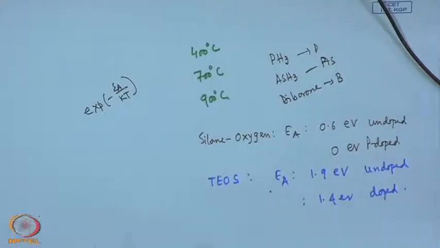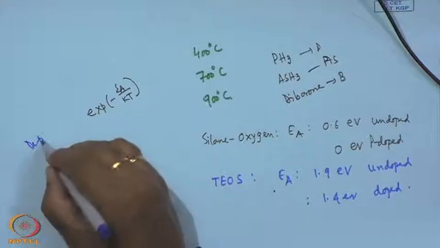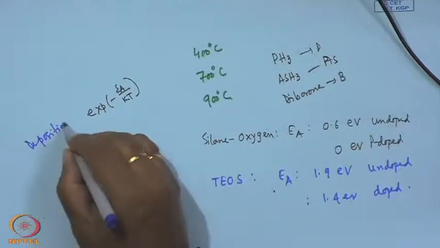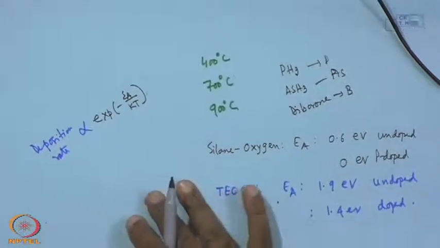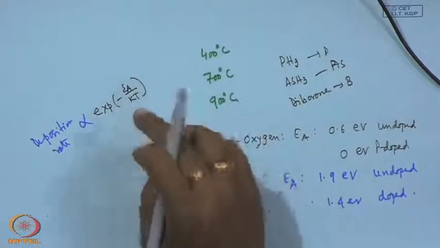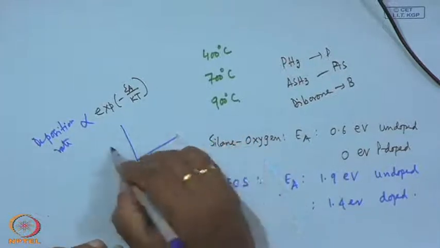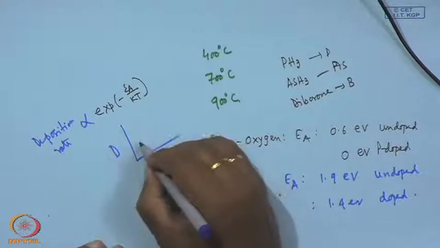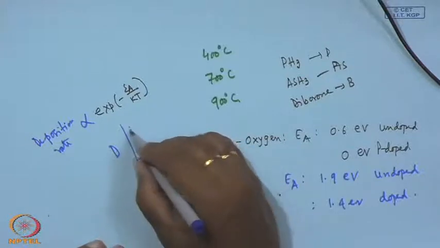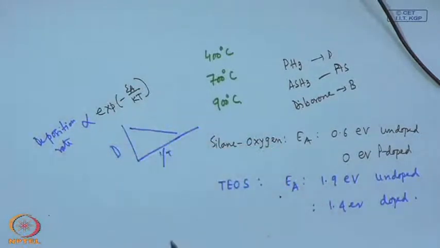So, always we find that the deposition rate is a function of the activation energy, exponential minus EA by KT. That means one can obtain the deposition rate versus temperature. If one plots against 1 by T, it will be a straight line, and from the slope of the straight line one can determine the activation energy.